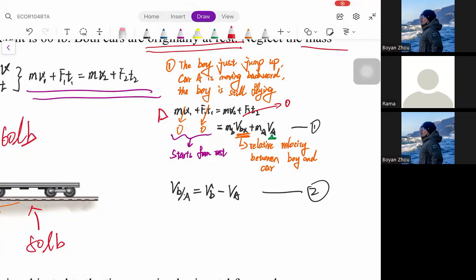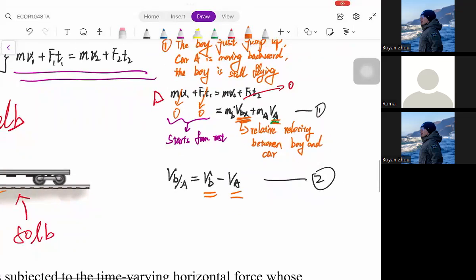So we need another equation, the second equation below, to find the velocity relative to the ground. So here we have two equations and two unknowns, VB and VA.